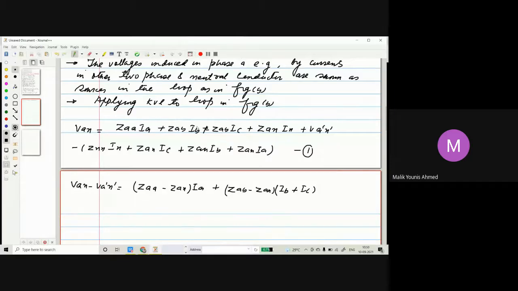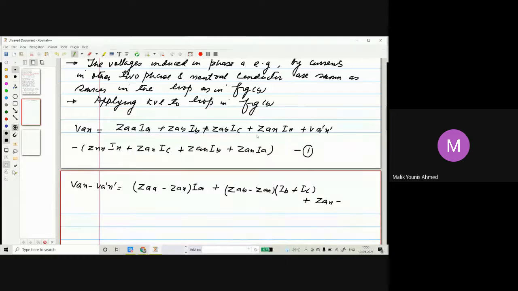Out of this we can take IB common. Similarly, we can get ZAB minus ZAN IC. So both we can take commons, and IB plus IC we can write. It's very clear. Next, then third, what we have, plus we can write with ZAN, ZAN minus ZNN.